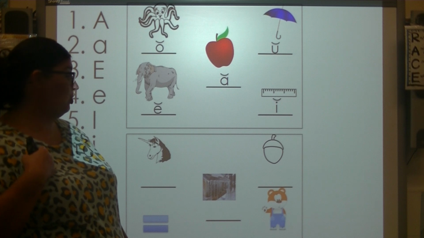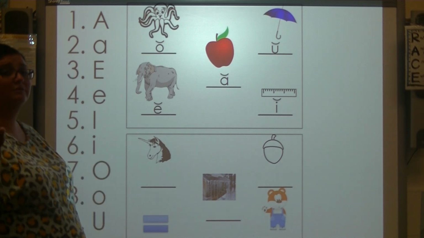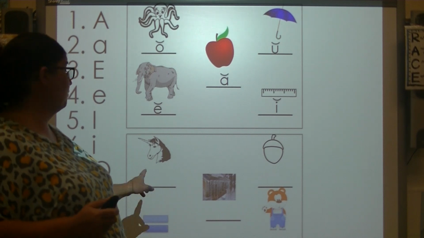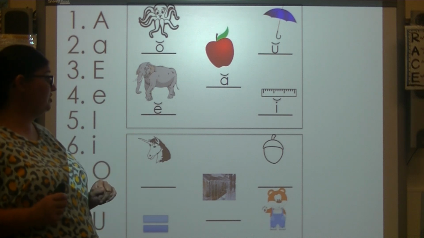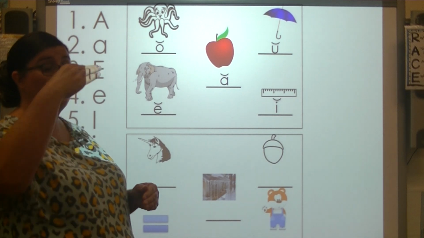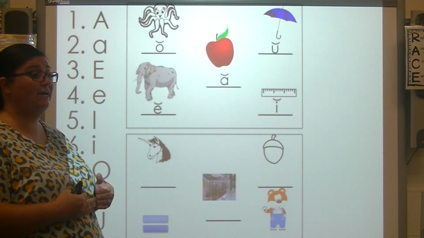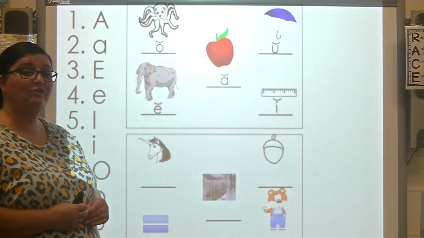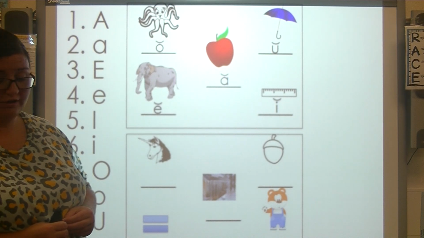Yes, equal. And overalls. Yes, overalls. Your turn. Write the lowercase vowel that matches the keyword picture. Don't forget to put in your macron to show that the letter name sound is there. Pause the video while you do your work, and then press play when you're ready to check your work.